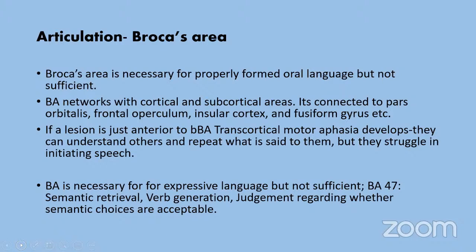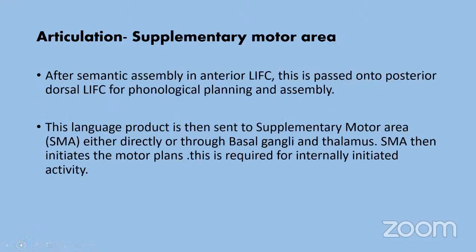So the essence is Broca's area is necessary for expressive language, but is not sufficient. And area 47 is for semantic retrieval, verb generation, and judgment regarding whether semantic choices are acceptable or not. So a lot depends on the intactness of this area.